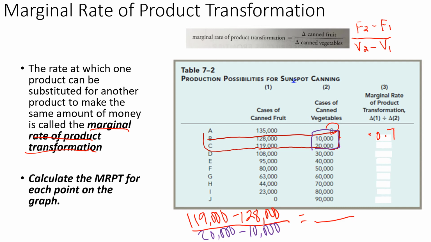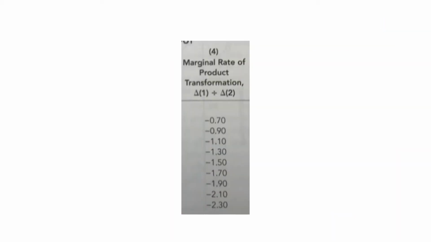So we have 119,000 minus 128,000, and that's going to be negative 9,000. Then 20,000 minus 10,000 is 10,000. So that's going to be negative 0.9. So at that point on the curve, we would be giving up 9/10 of a can of fruit to trade it for producing 1 more can of vegetables. Okay, and you can kind of calculate those down. And you can check your answers with this slide here.